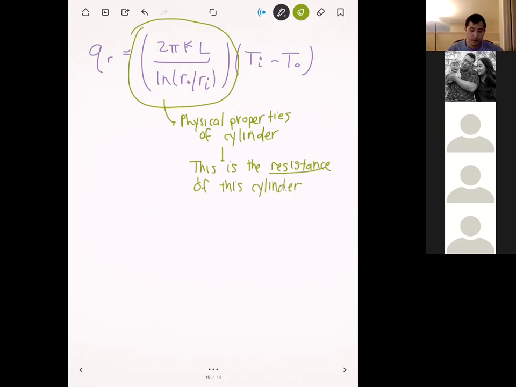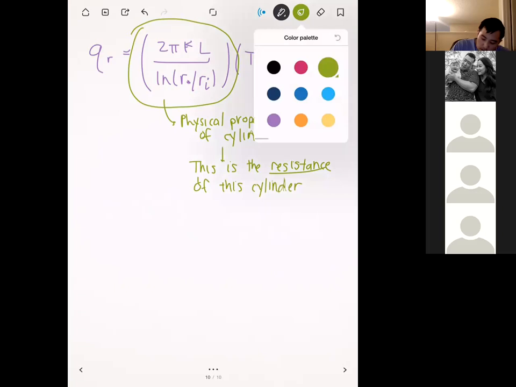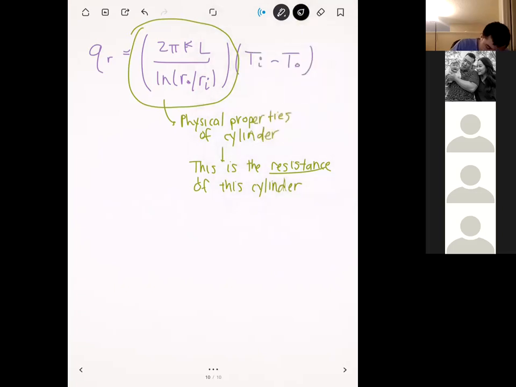Okay. And so another way that we can express this is we can say that Q_r is equal to (T_i minus T_o) divided by R_cylinder, where R_cylinder is equal to the inverse of this guy right here.